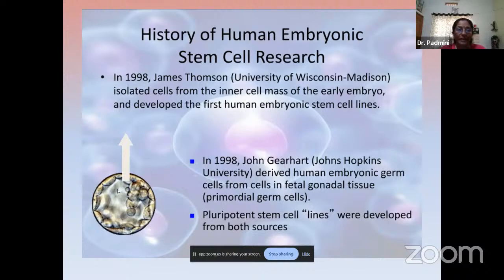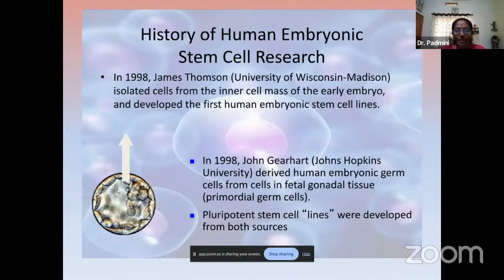From there on, there was a little bit of hope that one fine day we humans are going to find a solution for any type of disease, or grow a new limb or a lost organ. We can say regeneration, probably. So there was hope in 1998.